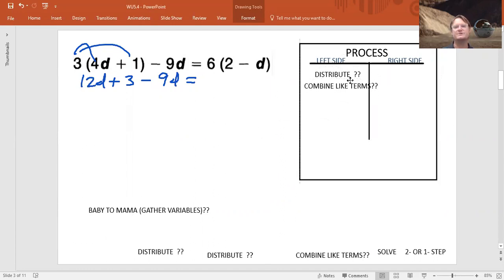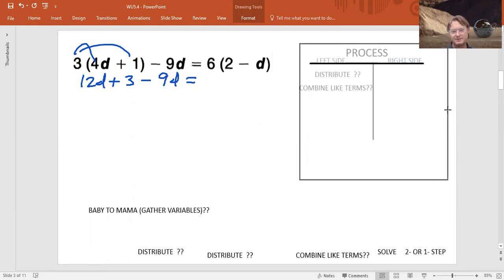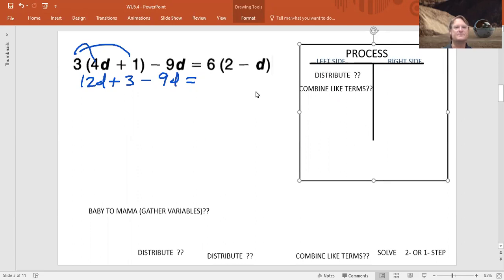I'm running out of space. And I'm going to check to see if I can have any like terms to combine. That's the next thing I'm going to check. I'll make my box a little bit bigger. So on the left side, are there any like terms that I can collect? Oh yeah, you bet.